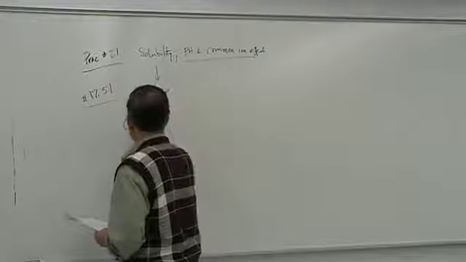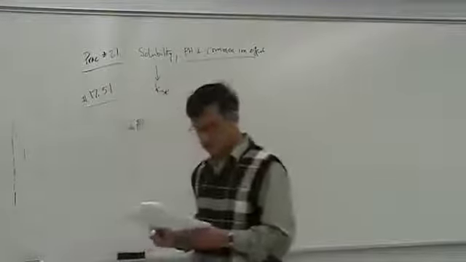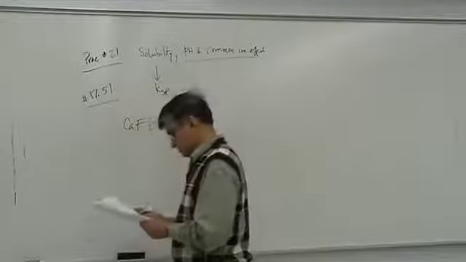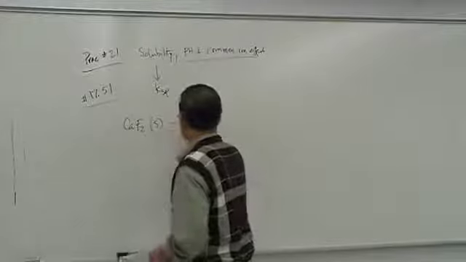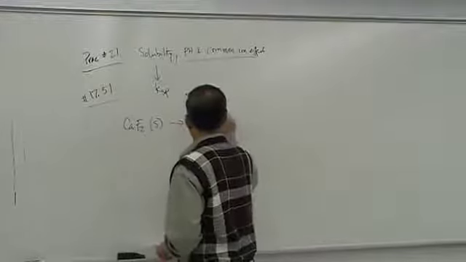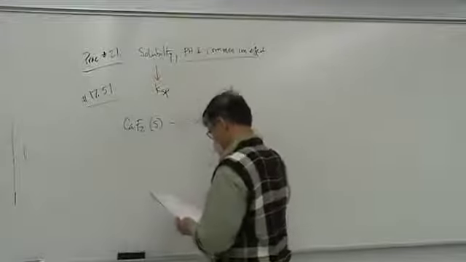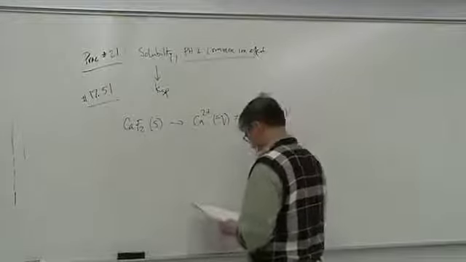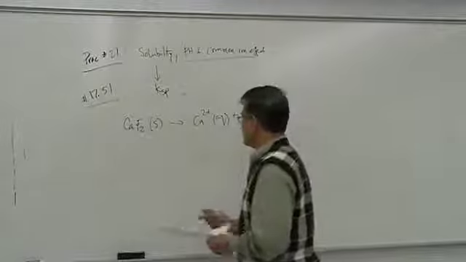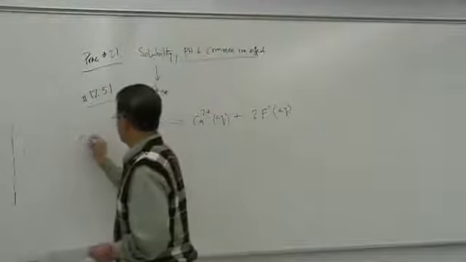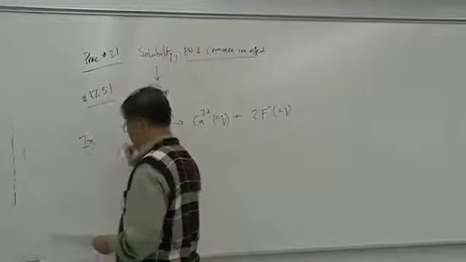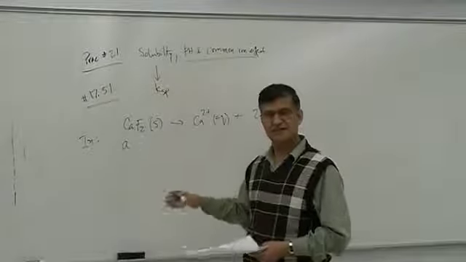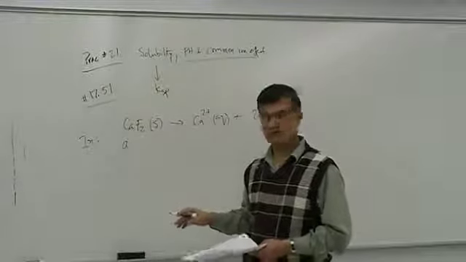They gave you calcium fluoride. If you look at the solubility table, it's an insoluble or partly soluble substance. So only part of that would break down to calcium 2 plus aqueous plus 2F minus aqueous. The initial concentration, let's assume, is A. This means when you just put the solid in water, it didn't get a chance to break down.